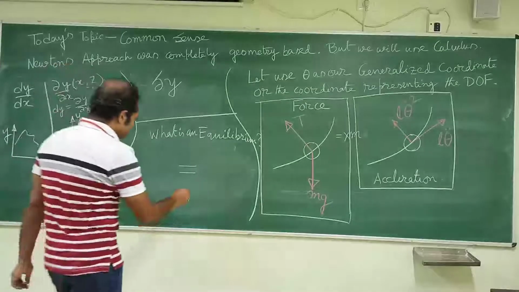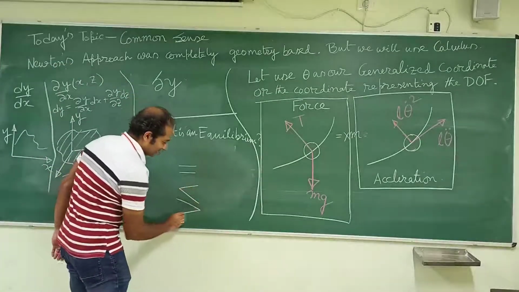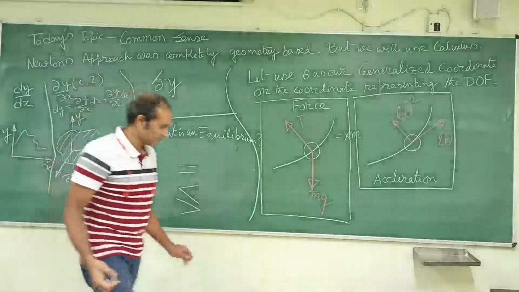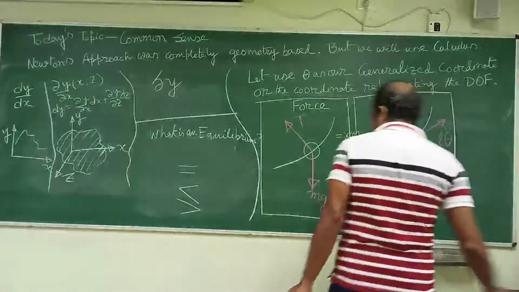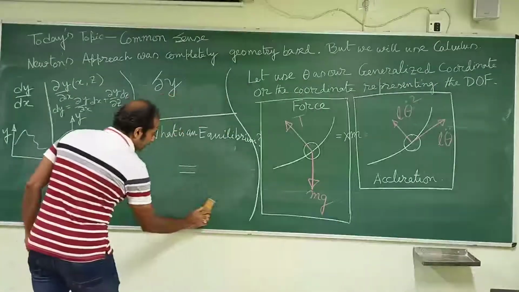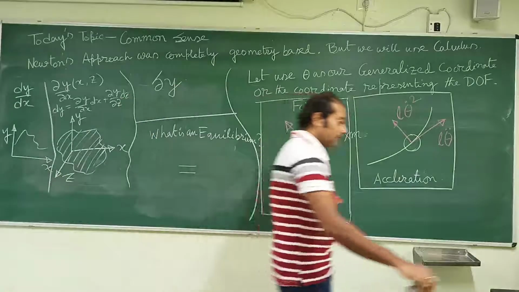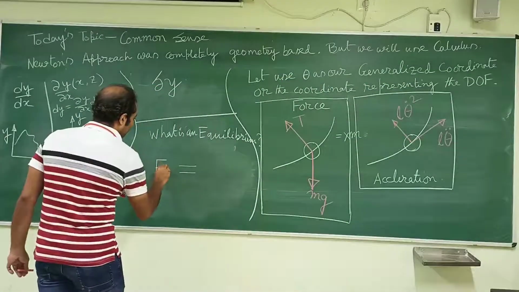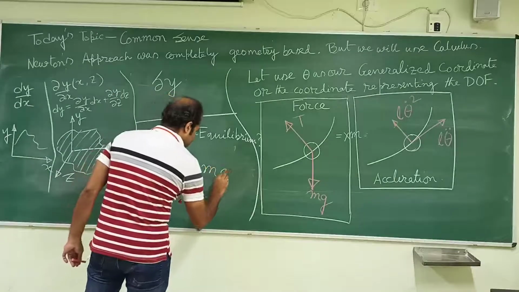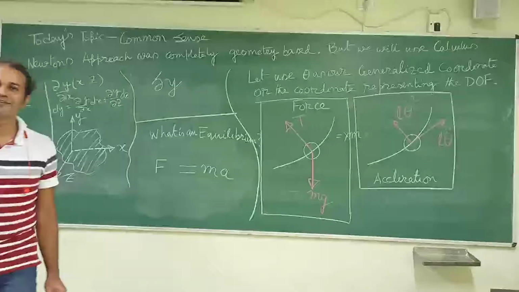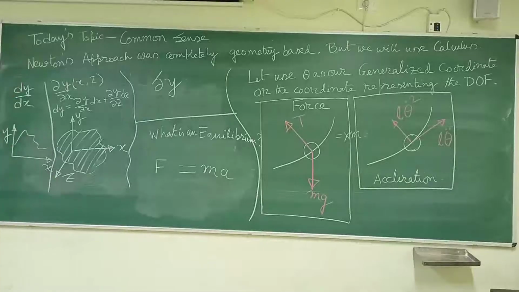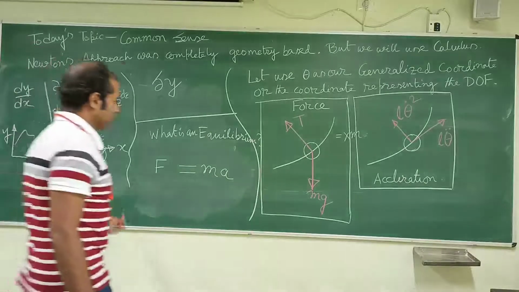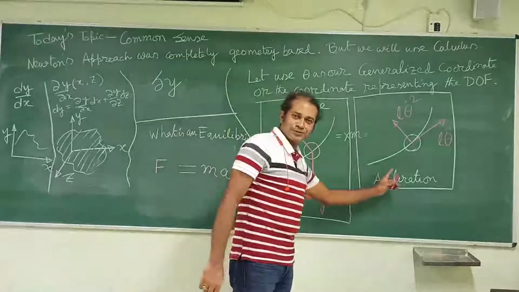I am not going to use this sign or that sign. So this means the equilibrium. Equality means the equilibrium. And what is in equilibrium for any dynamical case? F is equal to ma. So the pendulum is in dynamic equilibrium.